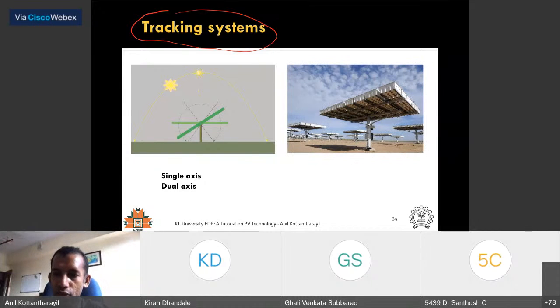This is one photograph of a concentrated PV system mounted on a single pole with dual axis tracking. This is very critical for concentrated solar because we always assumed that the sunlight is coming directly perpendicular to the surface of the lens.